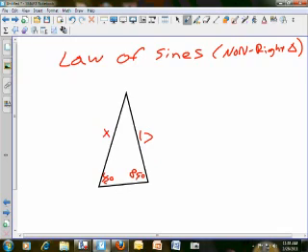We could do it if it was a right triangle. We can't do it if it's not a right triangle.